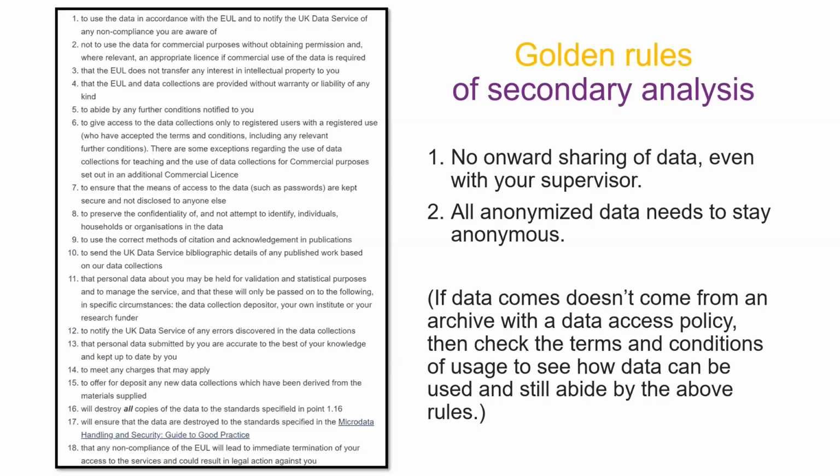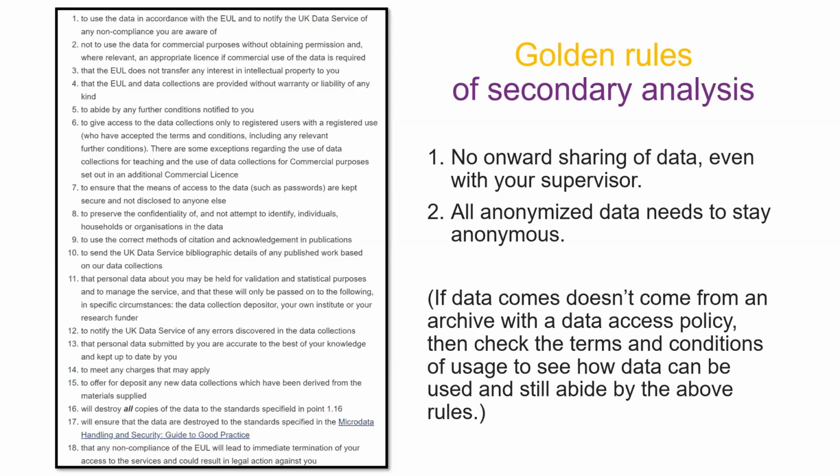The second is that all the data held at the UK Data Service has been anonymized. And this is likely to be the case if you're reusing data from a trusted repository or an established archive. However, just because it's been anonymized does not necessarily mean that it's completely impossible to figure out the identities of participants.